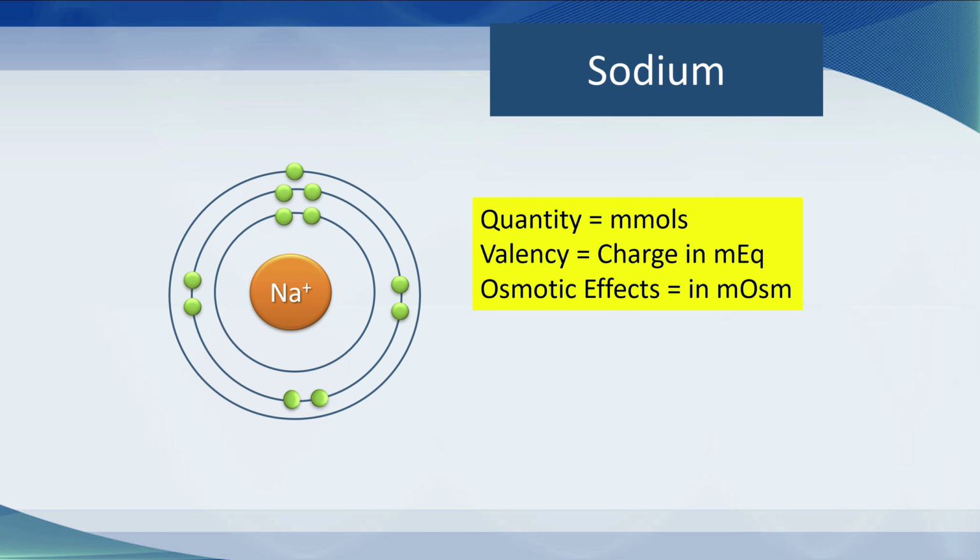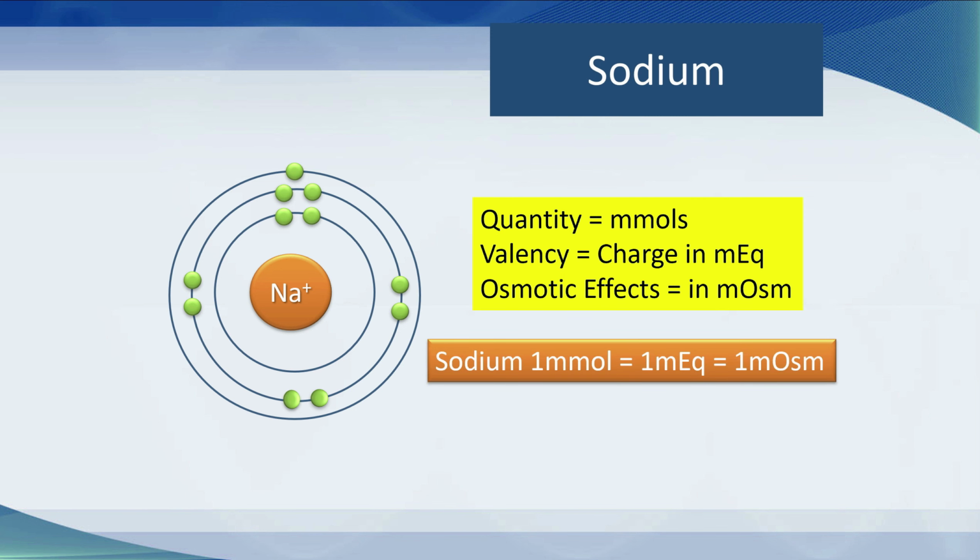The way we measure the charge is known as valency, and because sodium has a single charge on it, the valency measured in milliequivalents per liter is counted in the same way as the quantity in millimoles. So if sodium has a quantity of 140 millimoles per liter, it has a valency of 140 milliequivalents per liter.